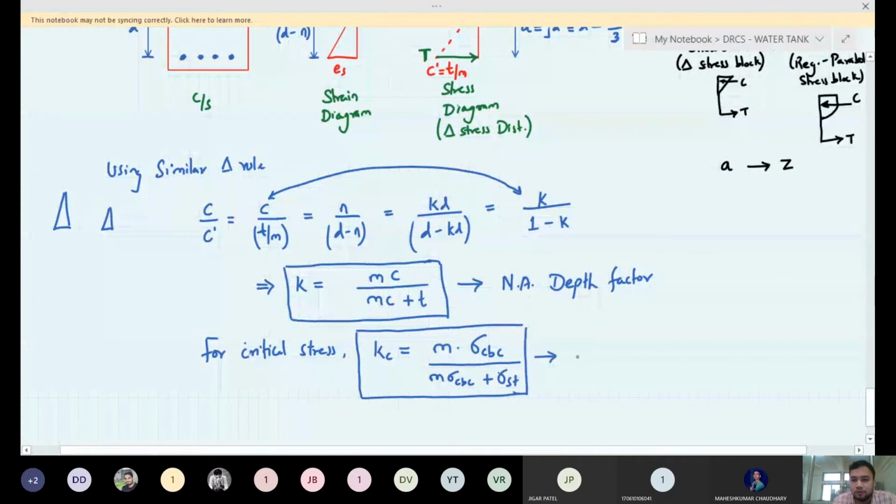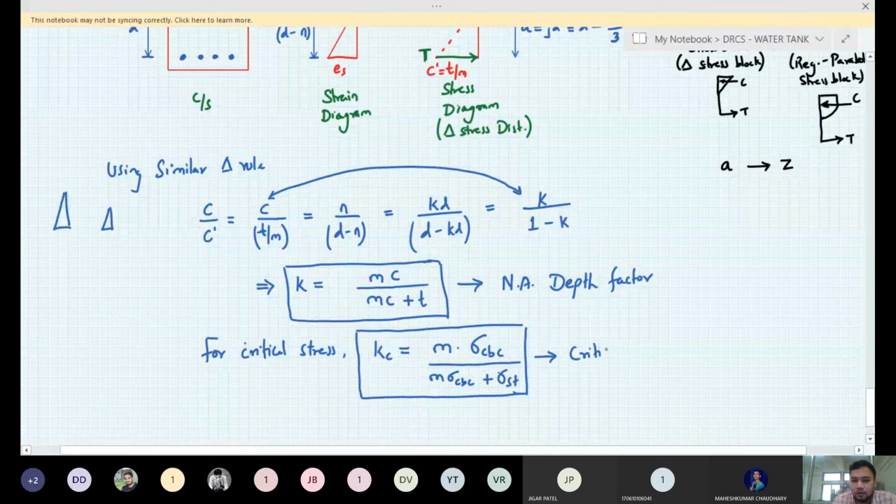This is your critical neutral axis depth factor.